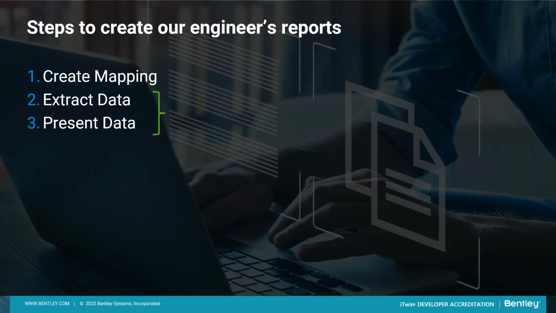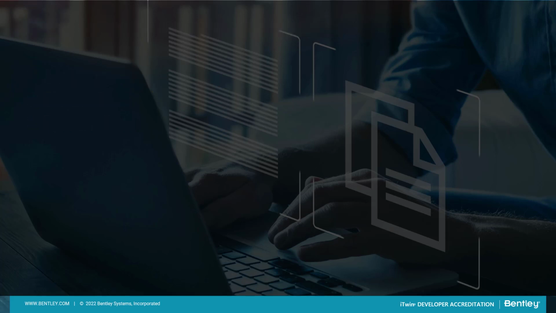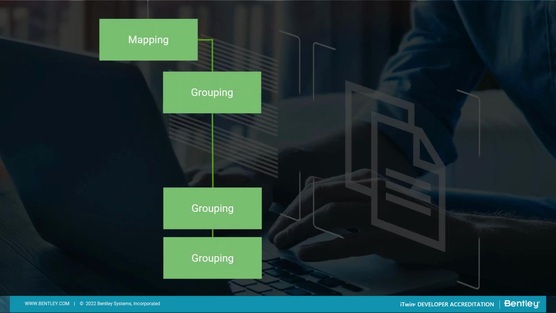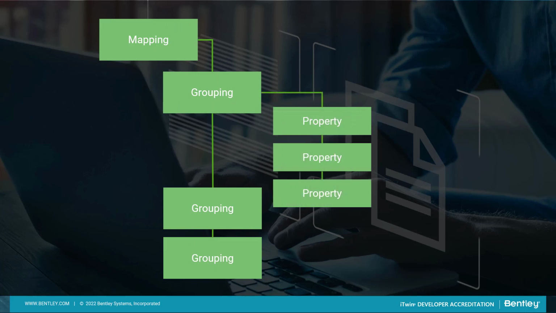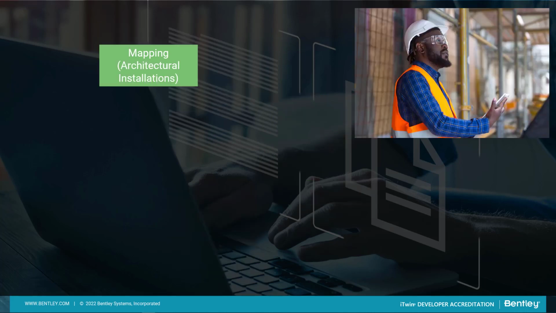And what is that mapping supposed to look like? Mapping is both the act of defining our view and the container of it. What our mappings contain is a hierarchy of groups, each with their own properties. To get started at mapping, we must first make a mapping. The mapping we will create will be called architectural installations.